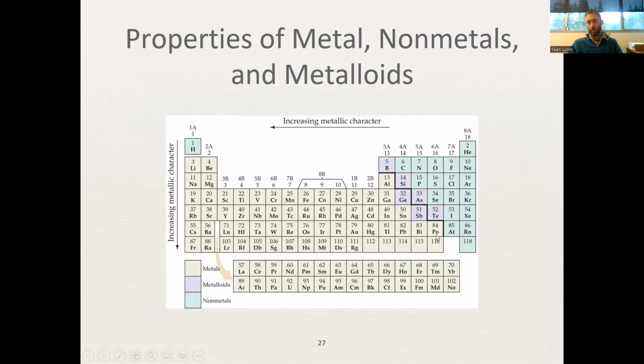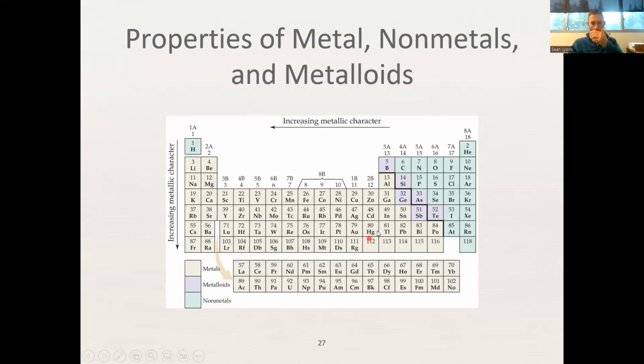So metals typically have luster. They're typically shiny. They're malleable and ductile, meaning we can hammer them out into sheets, make them into thin wires and things like that. And with the exception of mercury, let me get the spotlight going again. Oops. There we go.